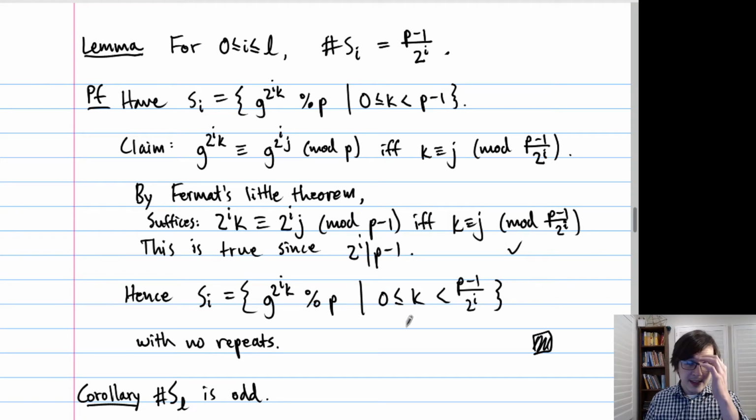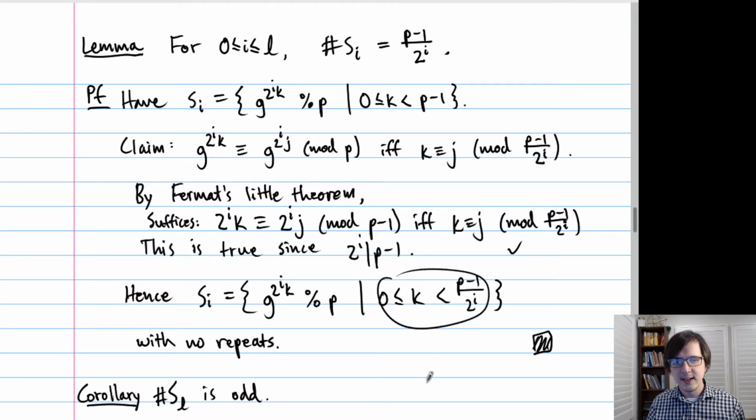So what that means is that, first of all, if we have an element in here, we can take its k and reduce it mod (p minus 1) over 2 to the i. So we actually only need to range over that. And secondly, if we have two of these k's inside this range, then they're congruent mod this modulus.